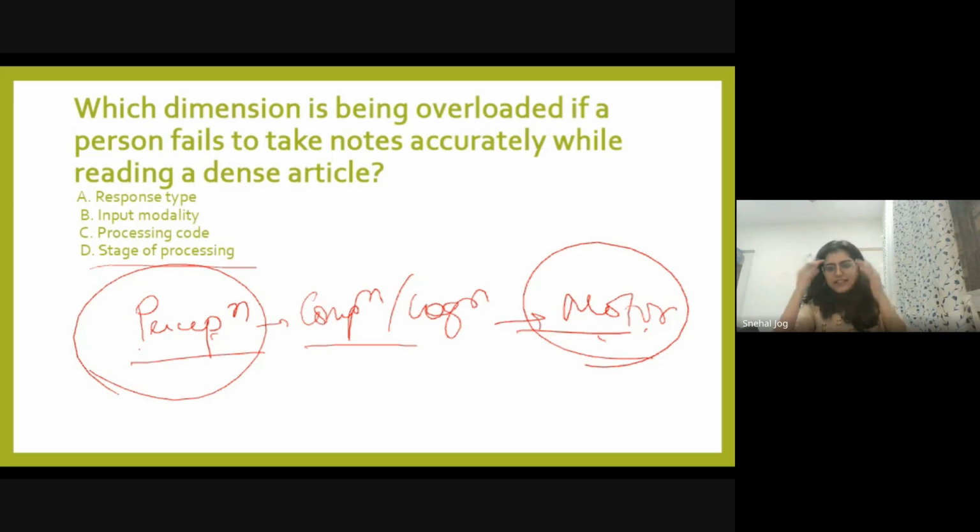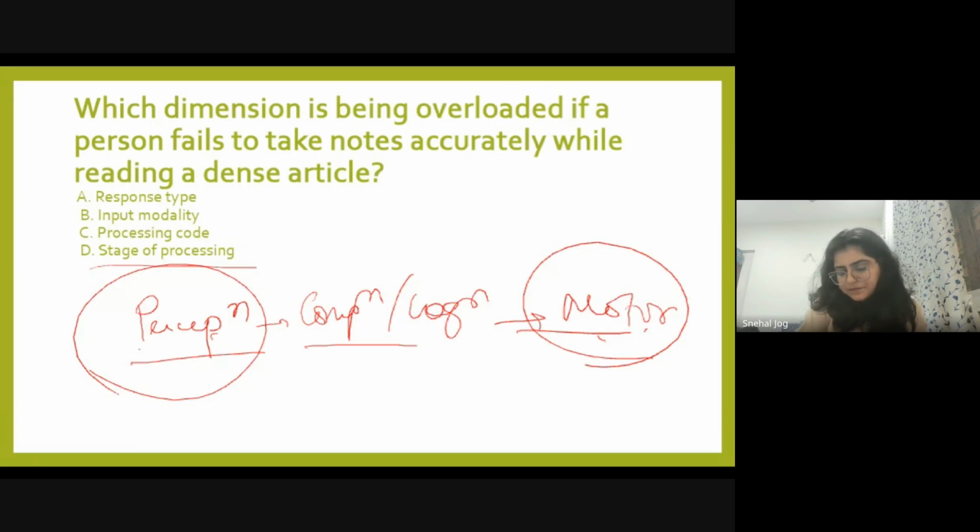I'm reading it. It is more of a mental activity, more of a comprehension thing. Whereas when I'm taking notes, it requires you to not only understand but also write something down. So in that case, the response type is going to be a little different here. Are you getting it? The more accurate answer is going to be processing code and not the response type.